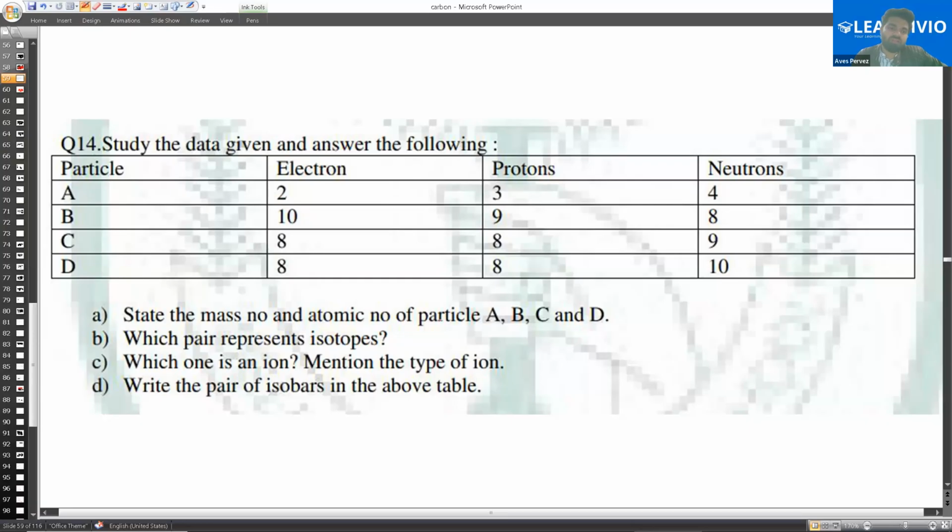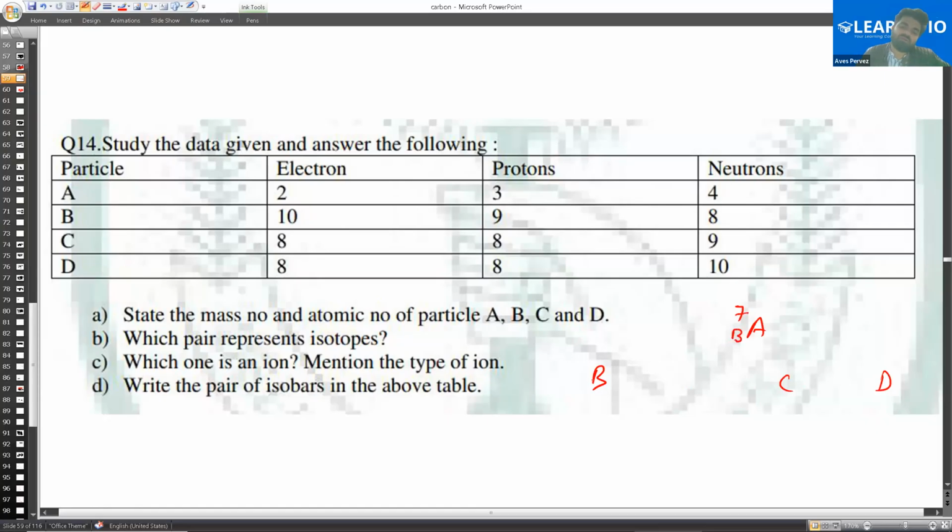Okay. So what is the atomic number and atomic mass of A, B, C, and D? Atomic mass is 7 for A, and atomic number is 3.